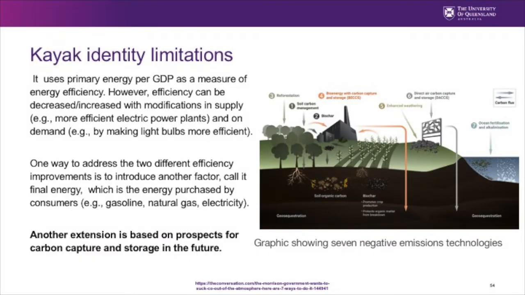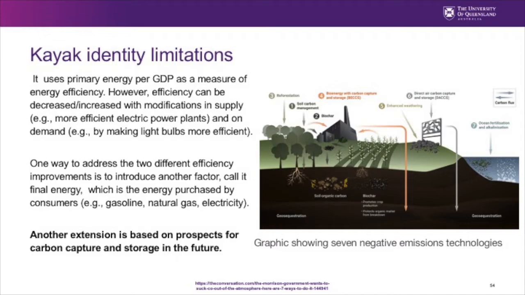And we can clearly see that there have to be deeper changes in order to reduce the amount of carbon. Despite that this identity is very useful, it has some limitations. One of them is that it uses primary energy per GDP as a measure of energy efficiency. However, efficiency can be increased with modifications in supply, for instance, more efficient electric power plants, and on demand, for instance, by making light bulbs more efficient.